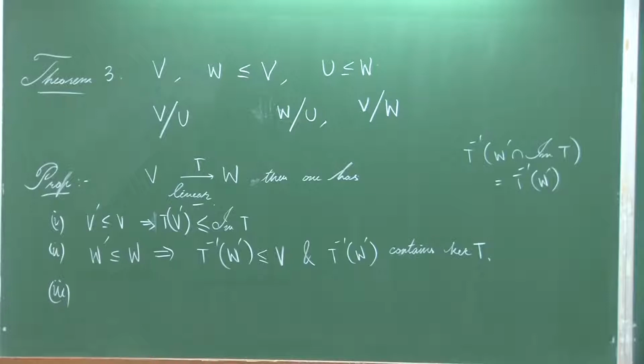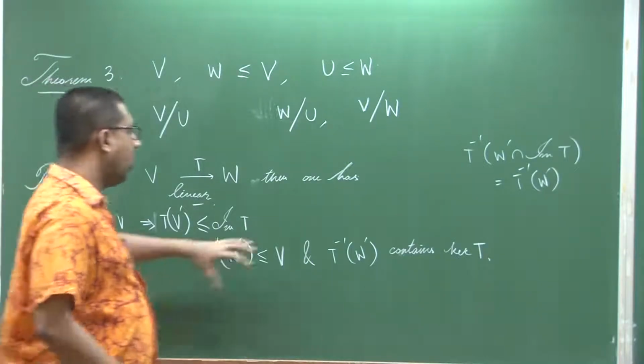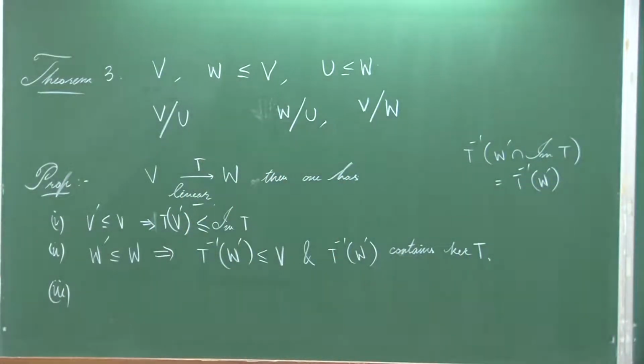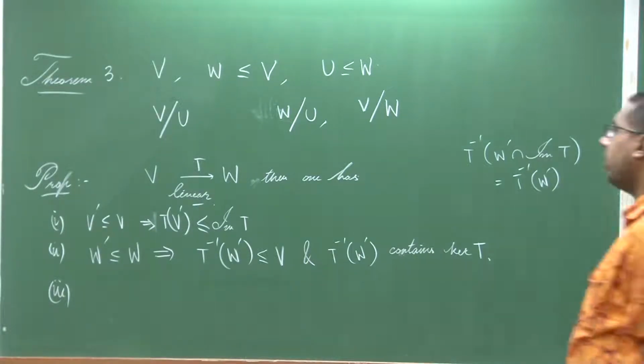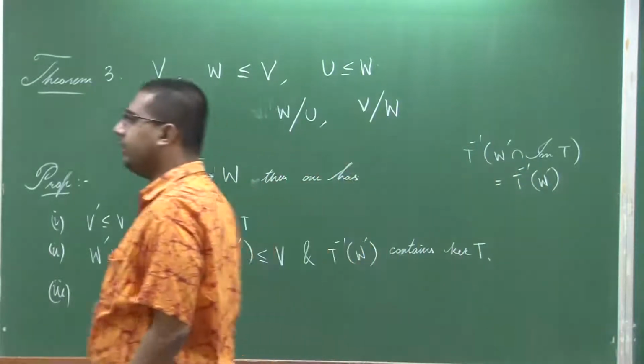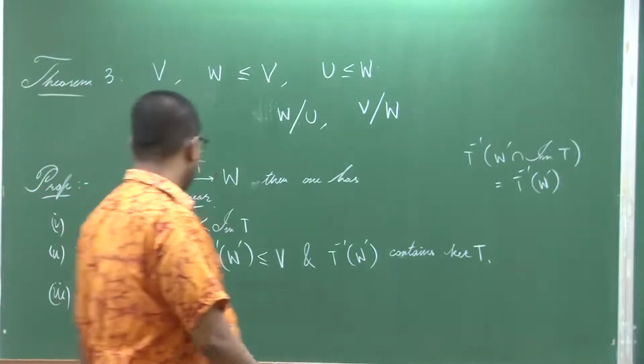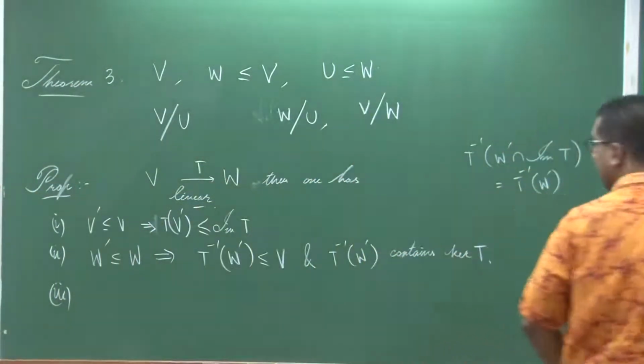Thus we have two collections. On one hand we have the collection of all subspaces of image T, and when we take their inverse image we get subspaces of V containing kernel of T. So, let me write it this way.